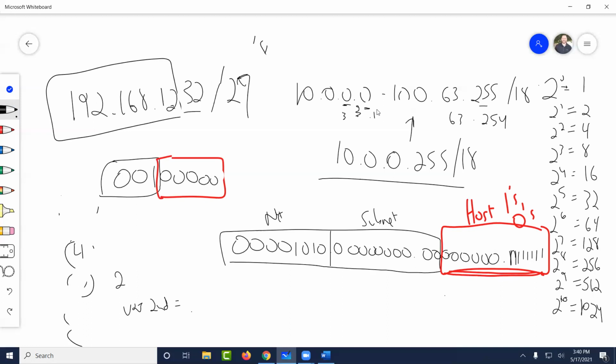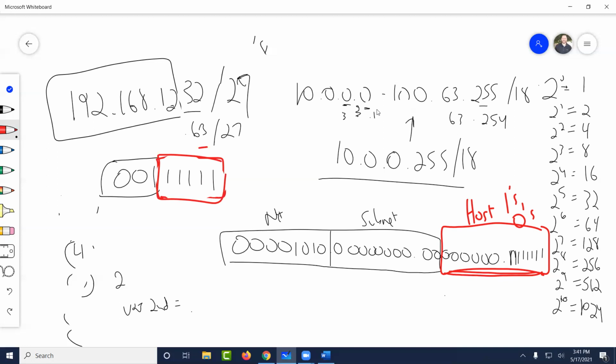That 32 is a subnet if you're using /27. If it was .63/27, I would have all ones here. That's 63 in binary. So now you'll see in the host portion I have all ones. So that's the broadcast of the .32 subnet.